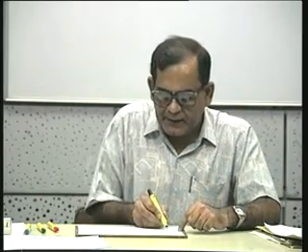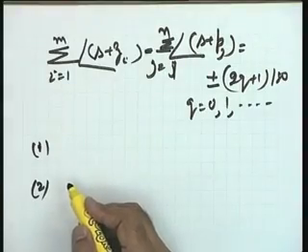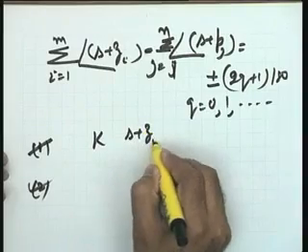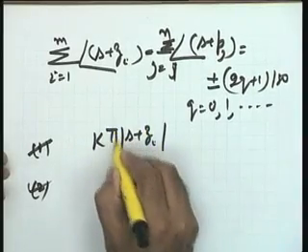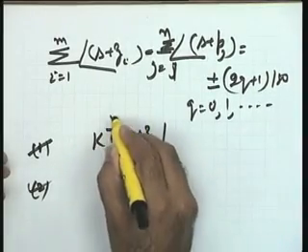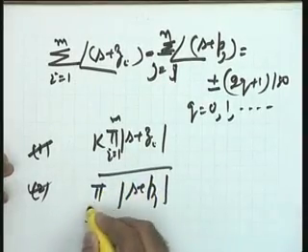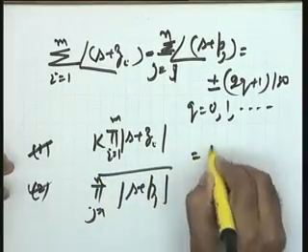Okay? So one point, and second point, then you can, for example, at a particular point, the magnitude condition, you see, let me say that the angle condition is this. Let me put the magnitude condition here: k times the product of magnitude of s plus zi for i equal to 1 to m, divided by the product of magnitude of s plus pj for j equal to 1 to n, equal to 1.